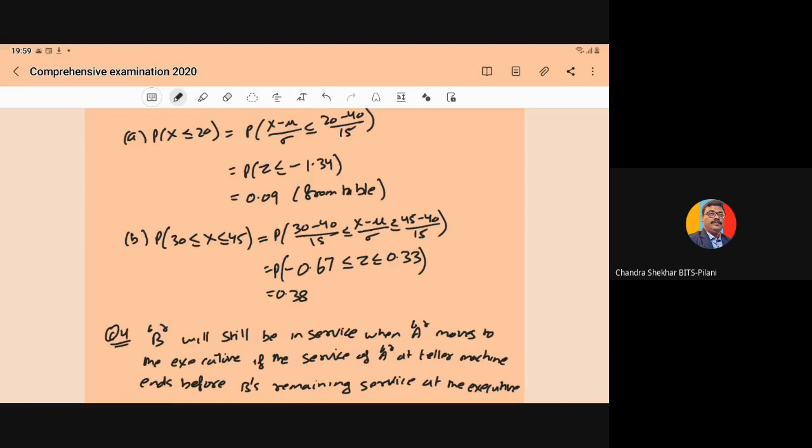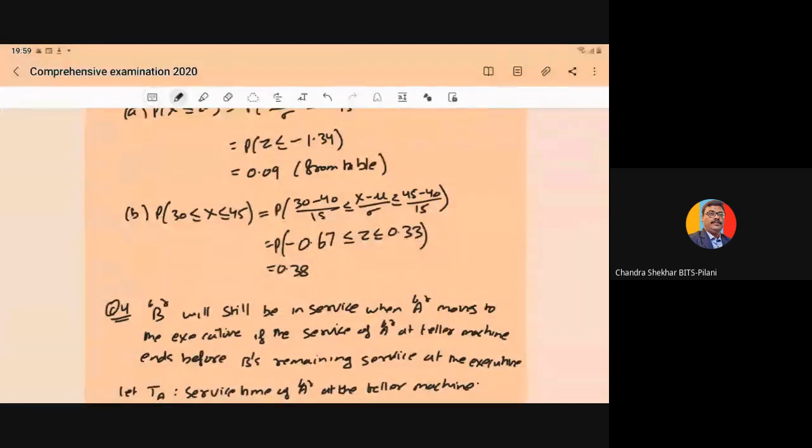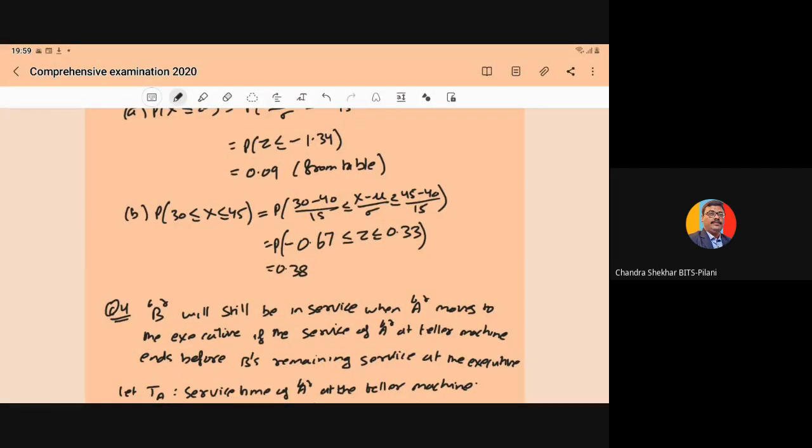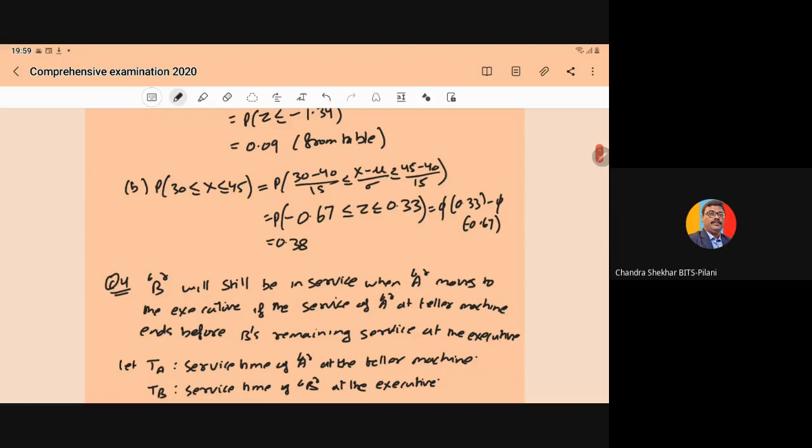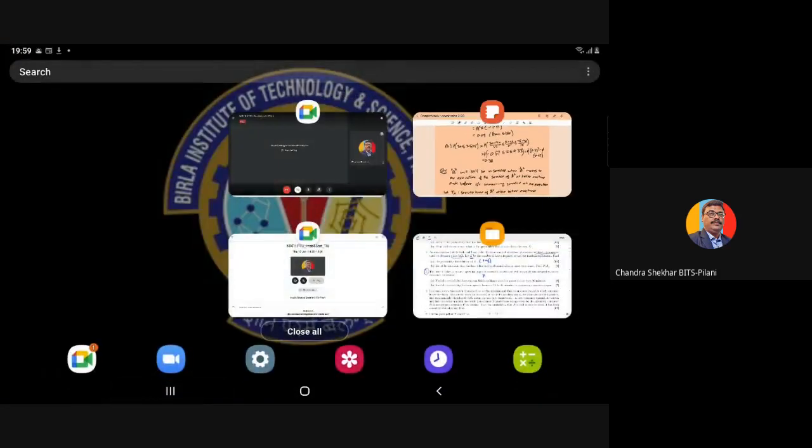So this will give you probability of minus 0.67 less than or equal to z less than or equal to 0.33. So it is phi of 0.33 minus phi of minus 0.67. From the table, if you see the value, it will come to 0.38. So that is the end of question 3.